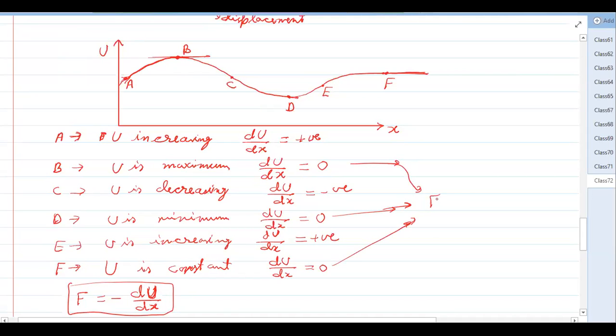So F is 0 here, which means these points are called equilibrium points. These 3 points are called equilibrium points, because dU by dx is 0.